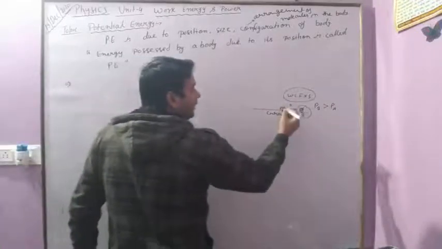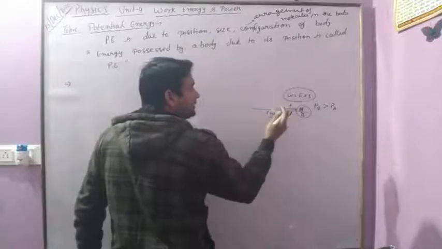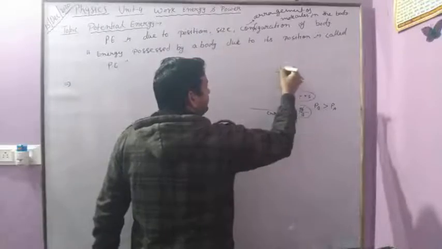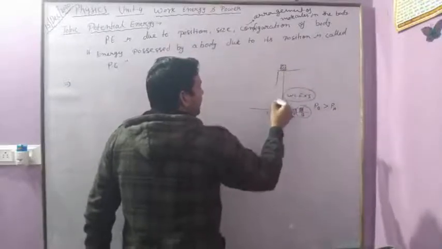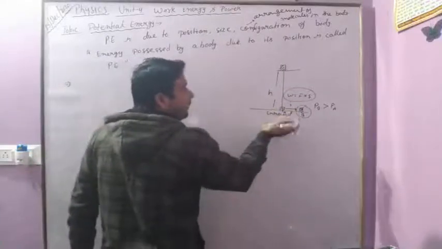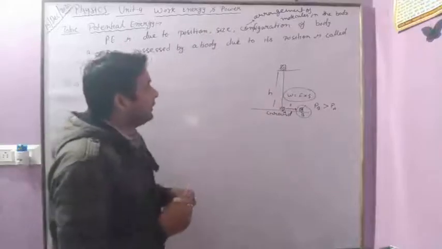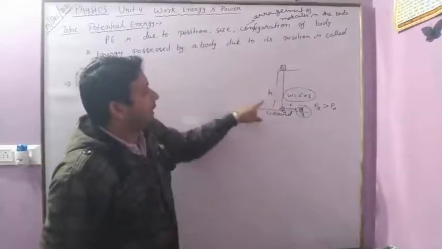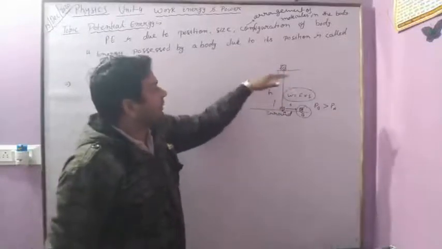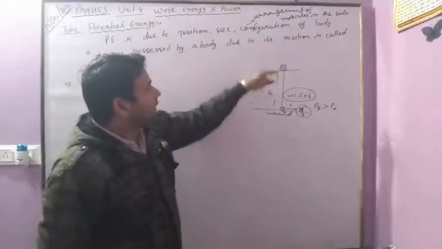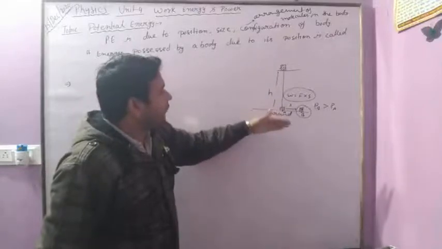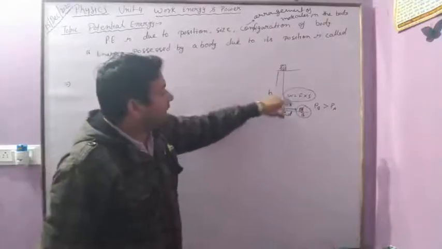Now secondly, if the body is placed at a height, let's say height h, then for displacing it by h distance to a higher level, we need to do work against the weight of the body.